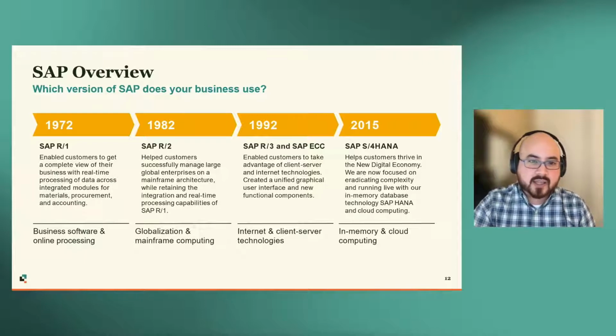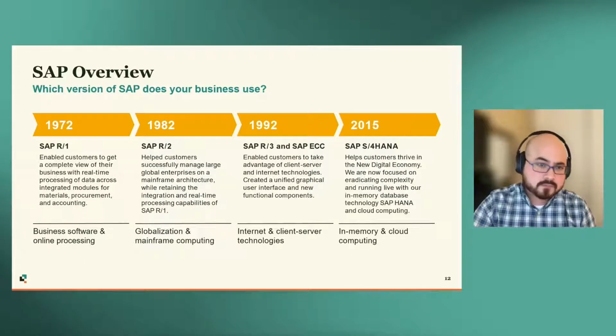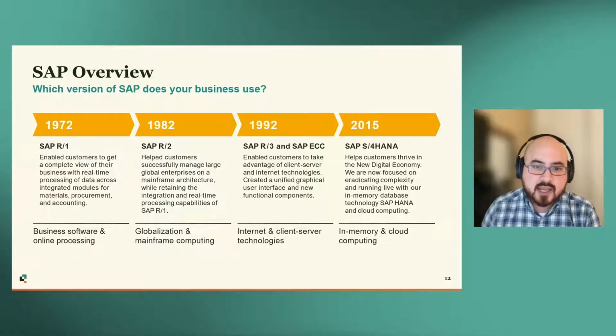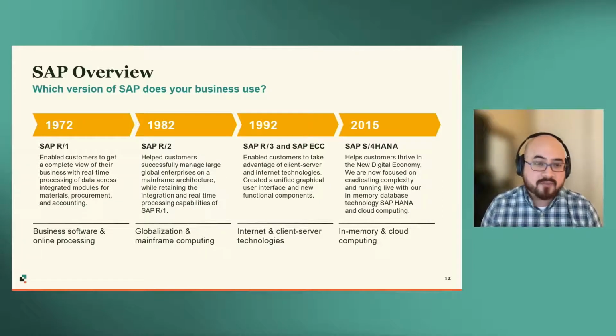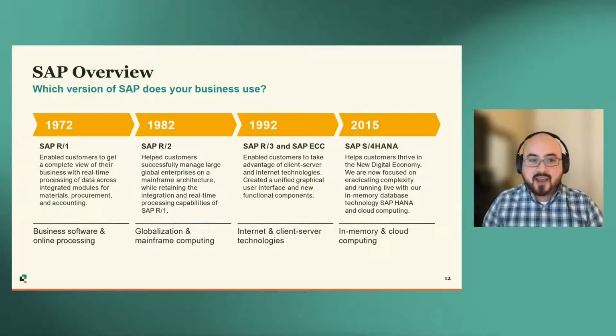And so it's really important to start by finding out, what does my environment look like? It's not too surprising to find people still on R3 or ECC. I've come across a few folks who are even on some of the older versions. So don't be fooled just because you see 1982 or 1992 here on the slide.